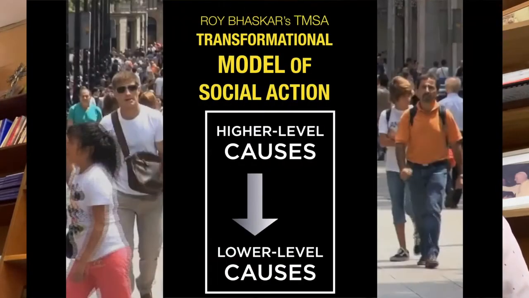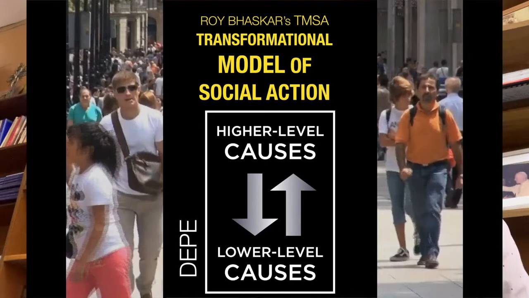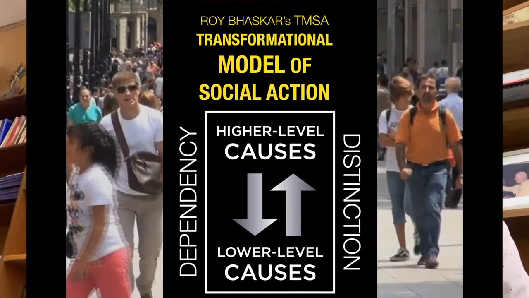When you think about it, we can use the transformational model of social action, or TMSA, as some kind of template to make sense of the relationship across causes in ontological emergence. The relationship between the types of causes in our hierarchy of causes are characterized by dependency and distinction.